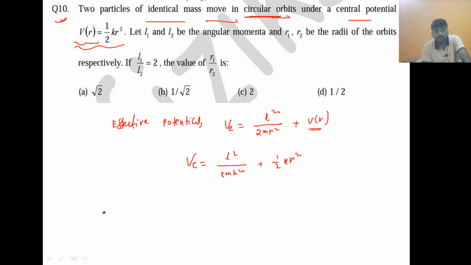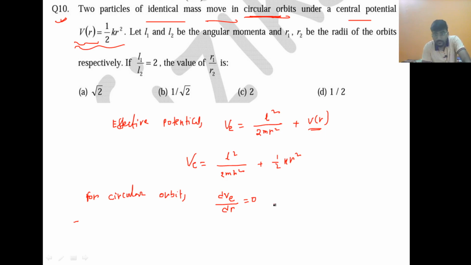We know that the condition of circular orbit is dV over dr is equal to 0. We take the derivative of effective potential.